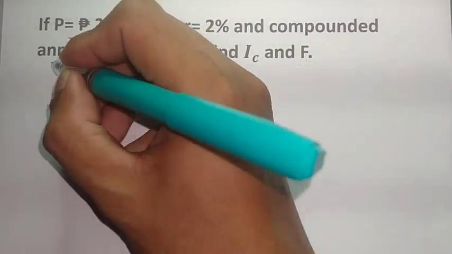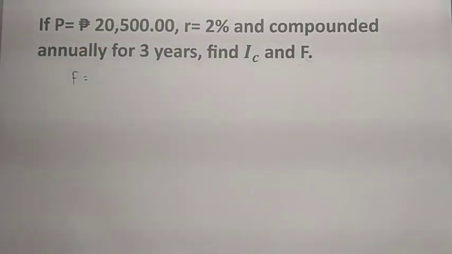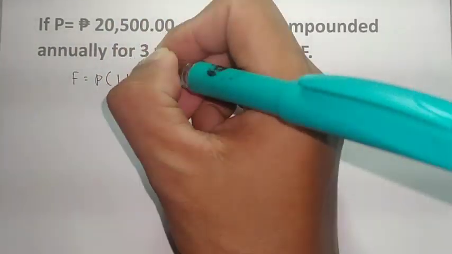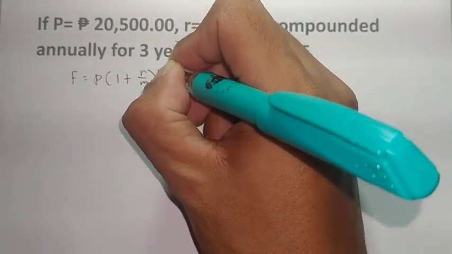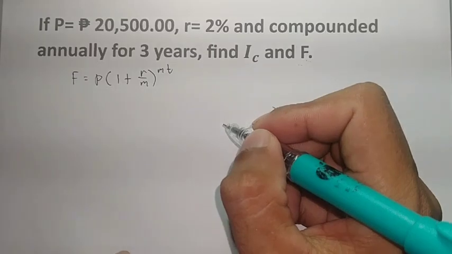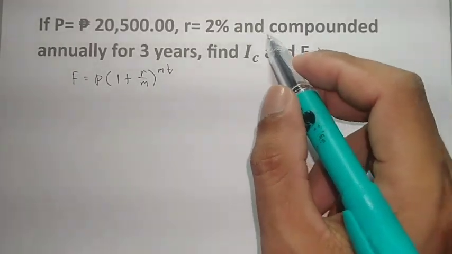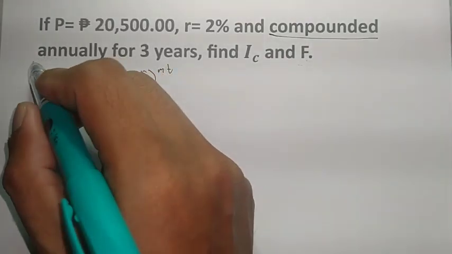So our formula for future value is F equals P times the quantity 1 plus R over M raised to MT. Okay, so as you can read here, the compounding period is annually.